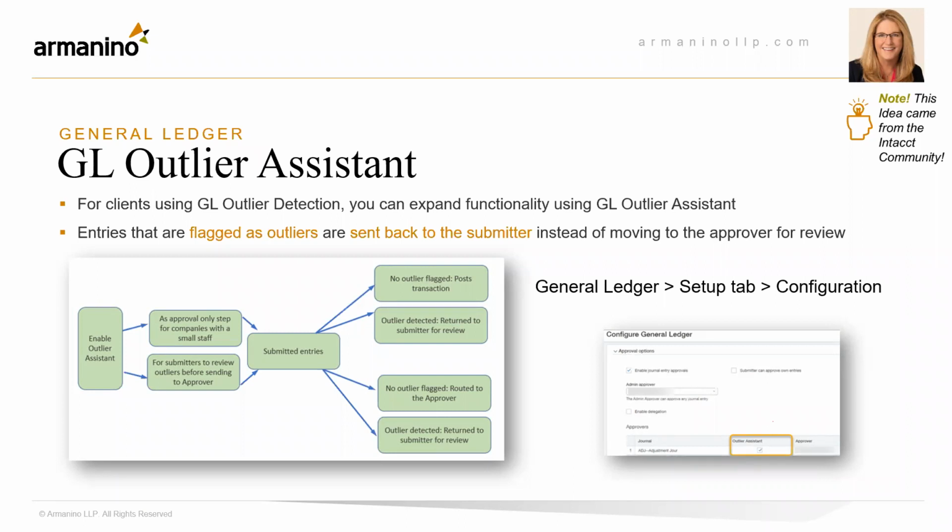Entries that are flagged as outliers are sent back to the submitter instead of directly to the approver, noting that there's a problem, so that the submitter could fix the journal entry and resubmit it prior to having someone review it. This is set up in the general ledger in the setup tab. If you have GL outlier detection on, then you can check the box down here for outlier assistant for that journal.